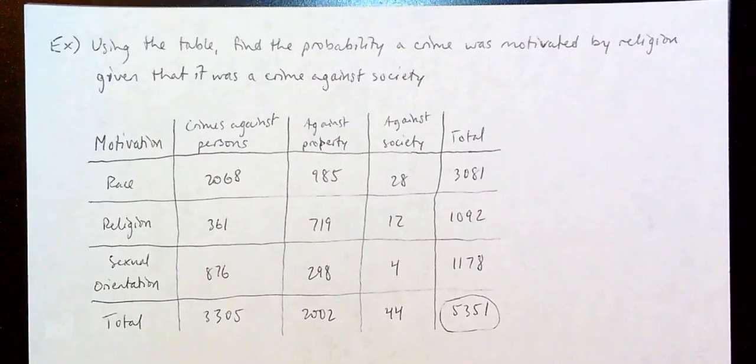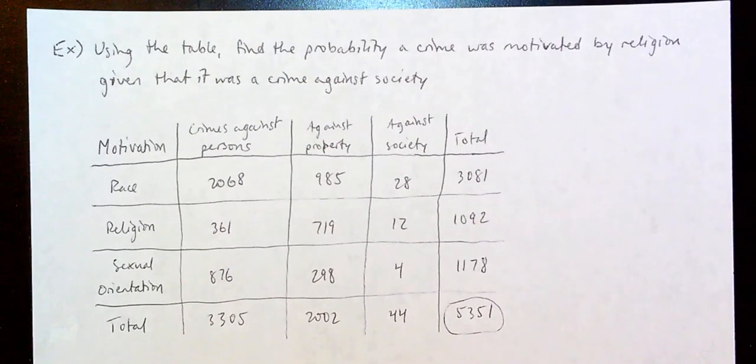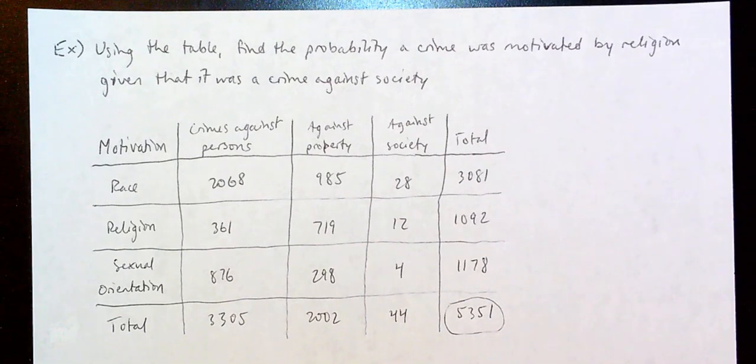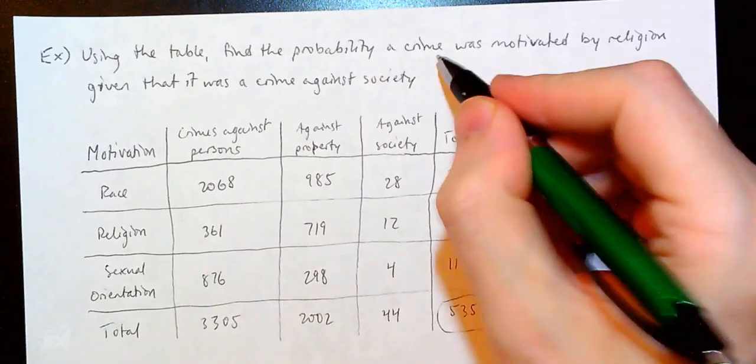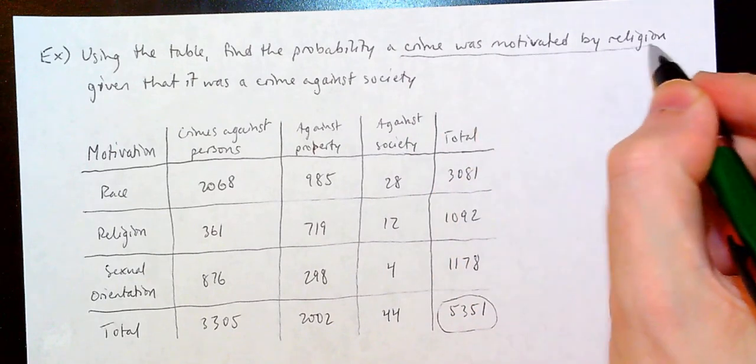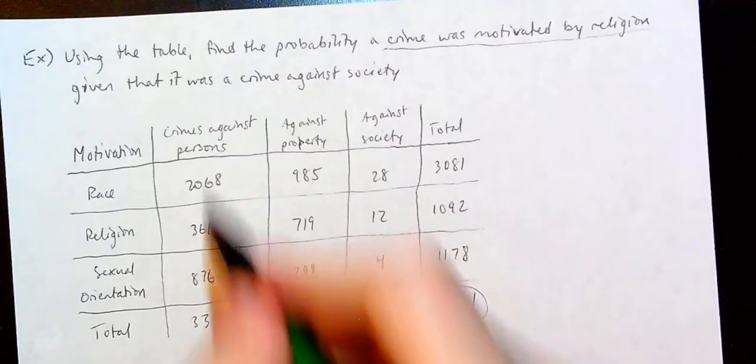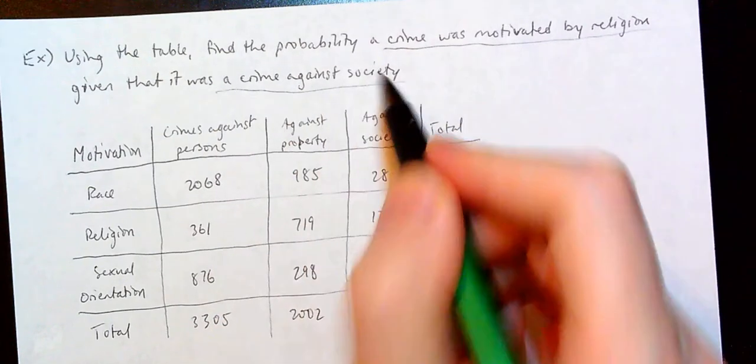So underlining the key pieces of my question here: find the probability a crime was motivated by religion, given that it was a crime against society.